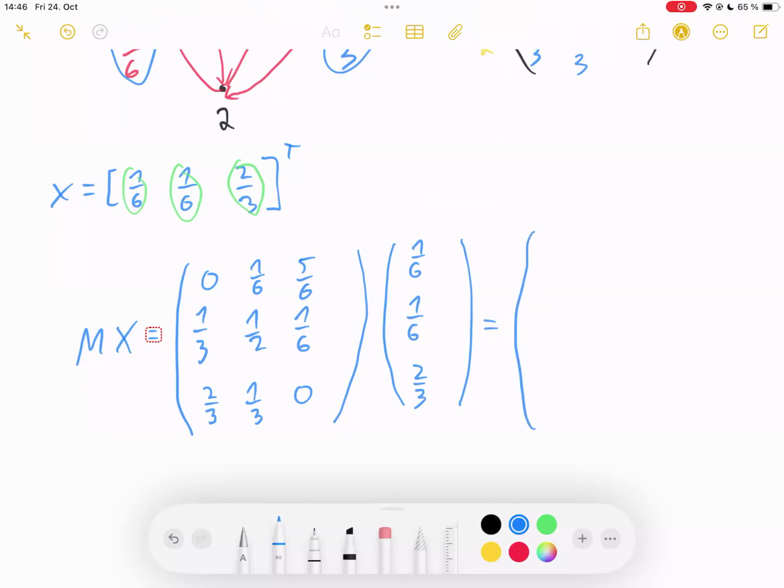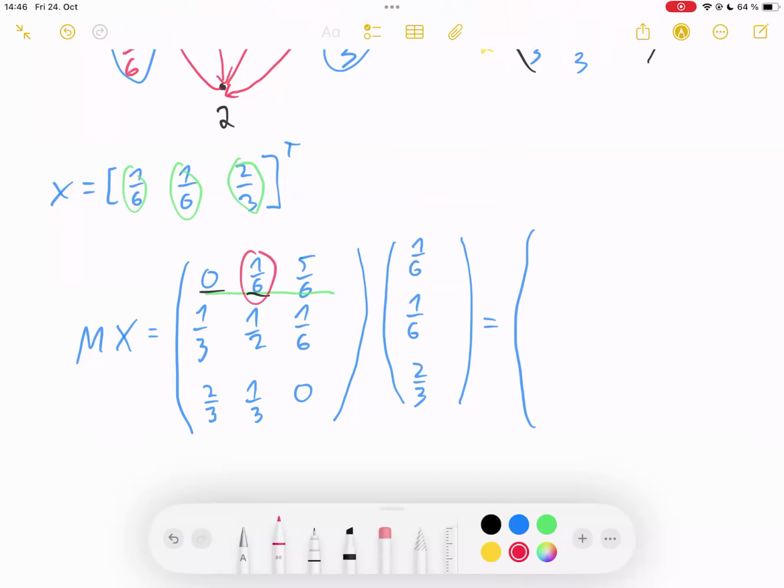I will start with the first entry. So we have this row here and our column. Now we got a 0 here, and we have this 1/6 times 1/6, which is 1 divided by 36, plus we have our 5 divided by 6 and our 2/3, which is 4/6.